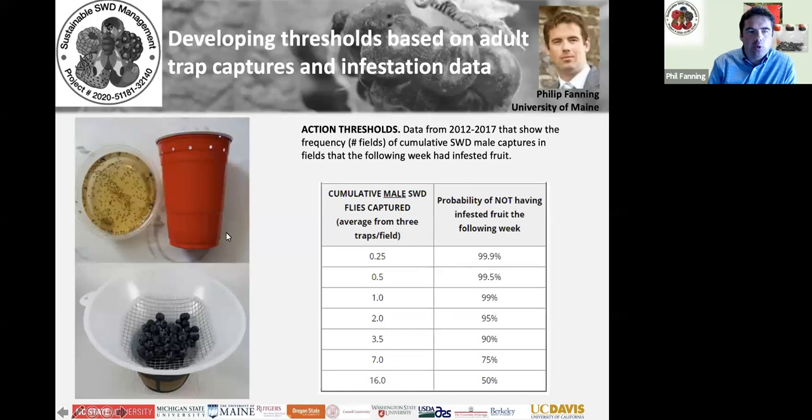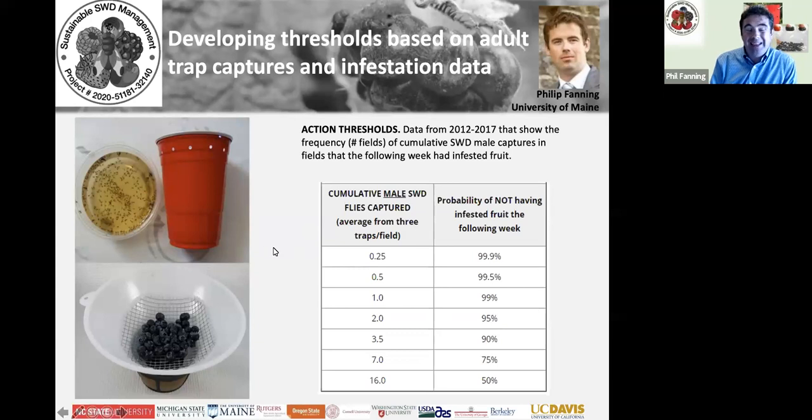And through time, we have also been conducting that monitoring and also looking at fruit infestation adjacent to those traps. Based on 5 years of data, we developed action thresholds, and I'm saying we, but it was my predecessor, Frank Drummond.